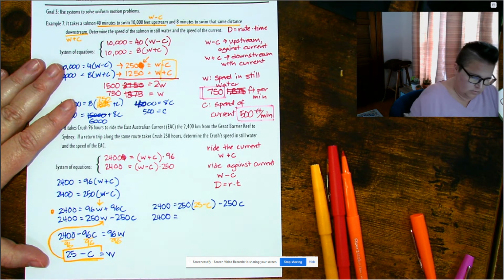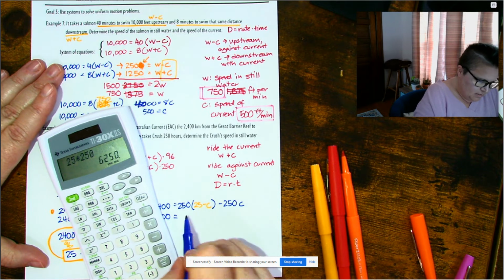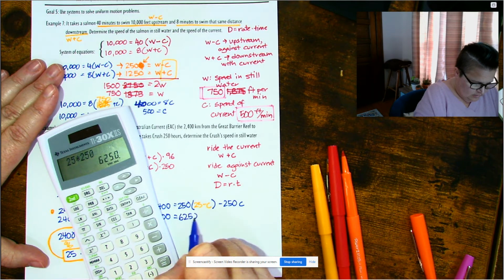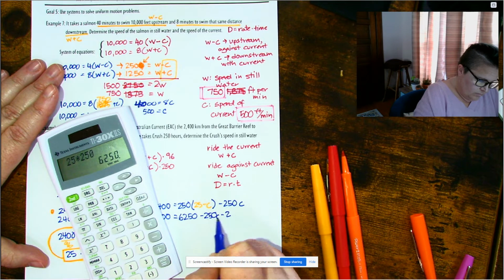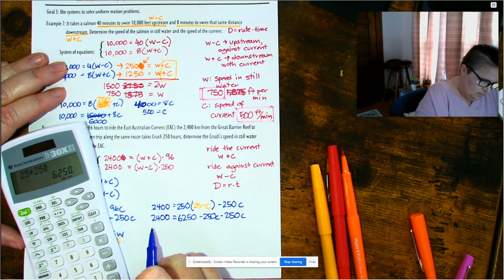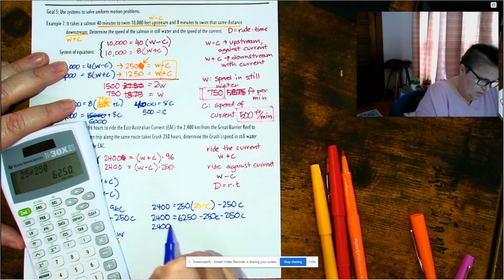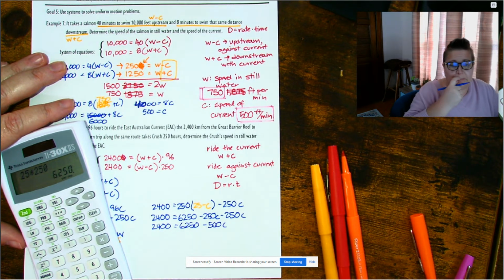2400 is equal to 25 times 250 minus 250C minus 250C. So 2400, 6250 minus 500C. I'm cleaning it up a little bit.